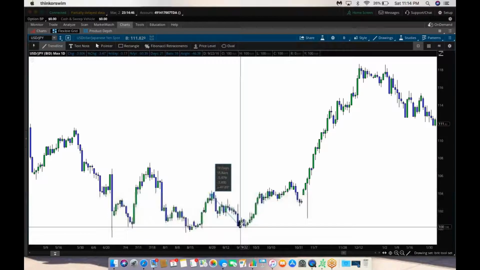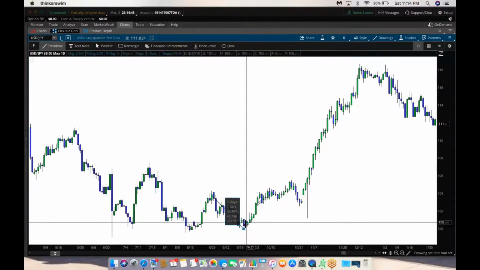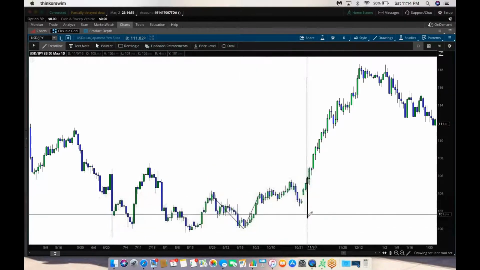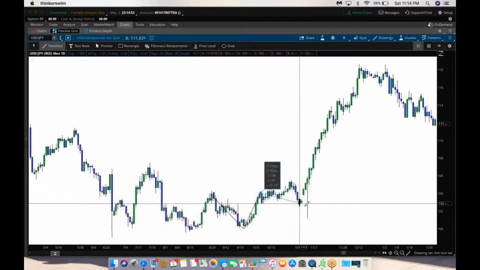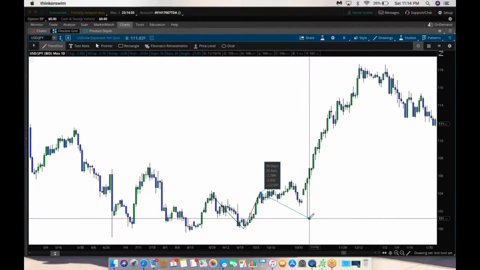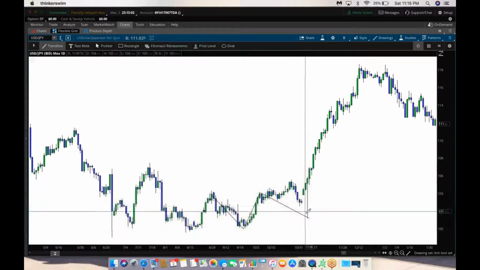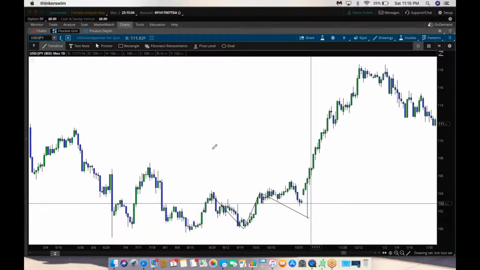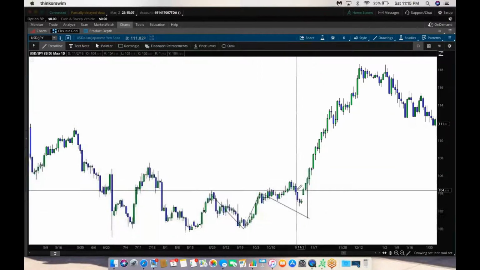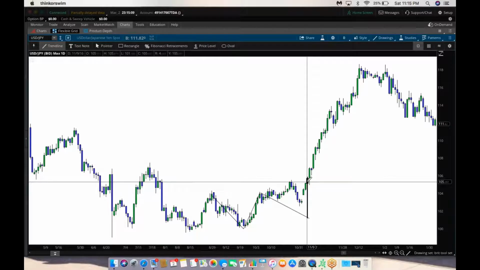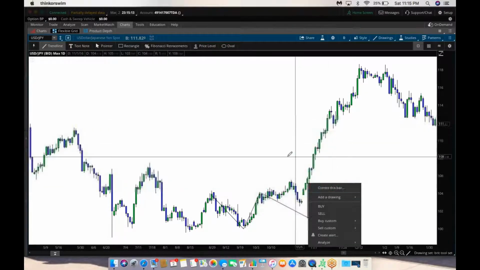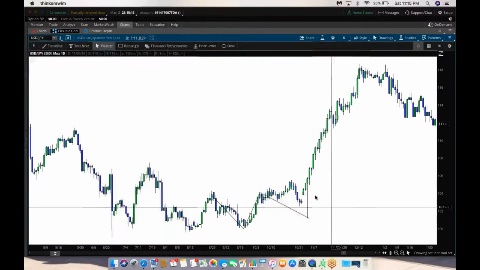But when you see that demand has been formed and then it comes back here and forms an even higher demand level, so now this right here is that higher demand.